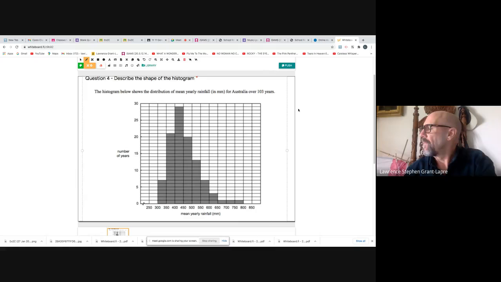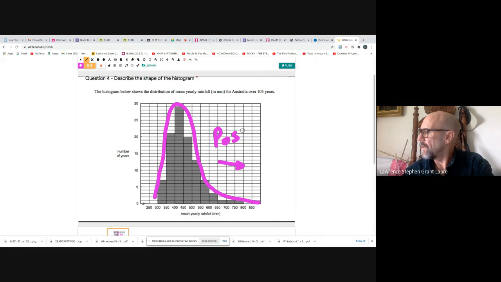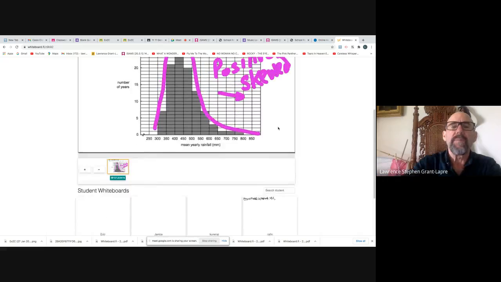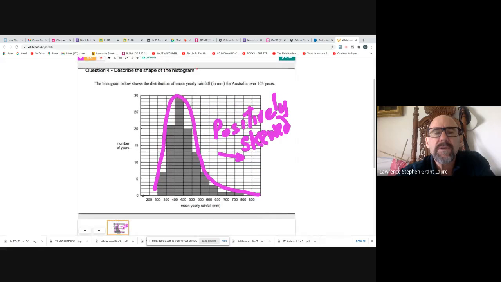Okay, so we've got this shape, which is positively skewed. Without these, if it had stopped here, it could have been symmetrical.